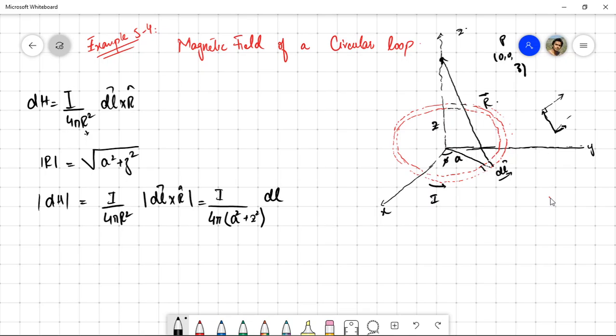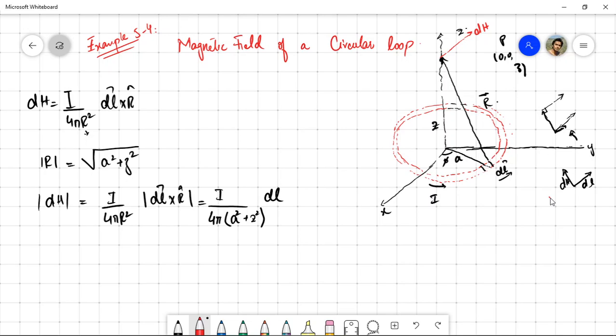Let me draw this just like this. If we see it from here, we'll see that this is dH and this is dl, and if we draw dH here, we'll see that this is dH and this is dr. Now dH, if we draw it like this, is absolutely perpendicular to this r, and this is going to be the direction of dH.